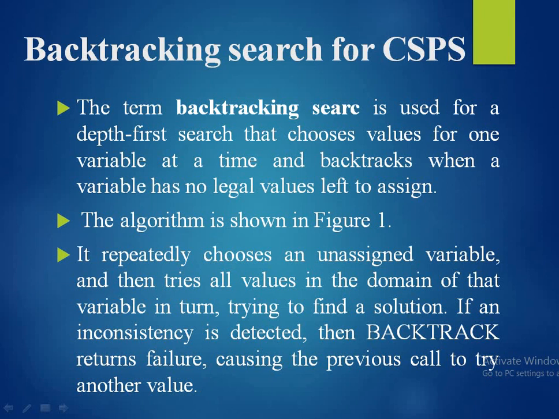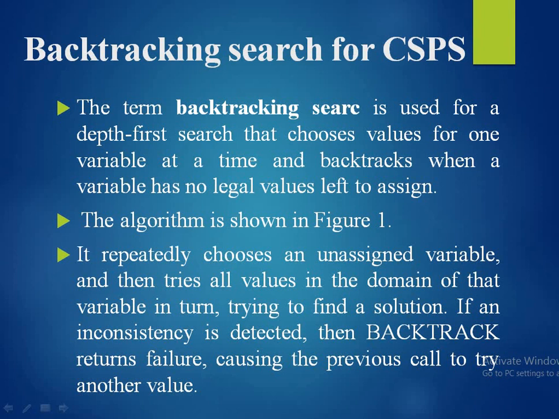The term backtracking is used for a depth first search that chooses values for one variable at a time and backtracks when a variable has no legal values left to assign. The algorithm is shown in figure 1.